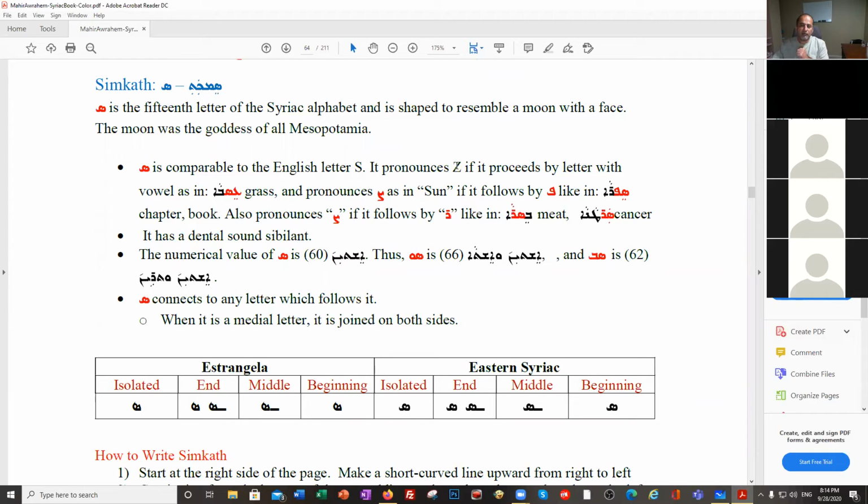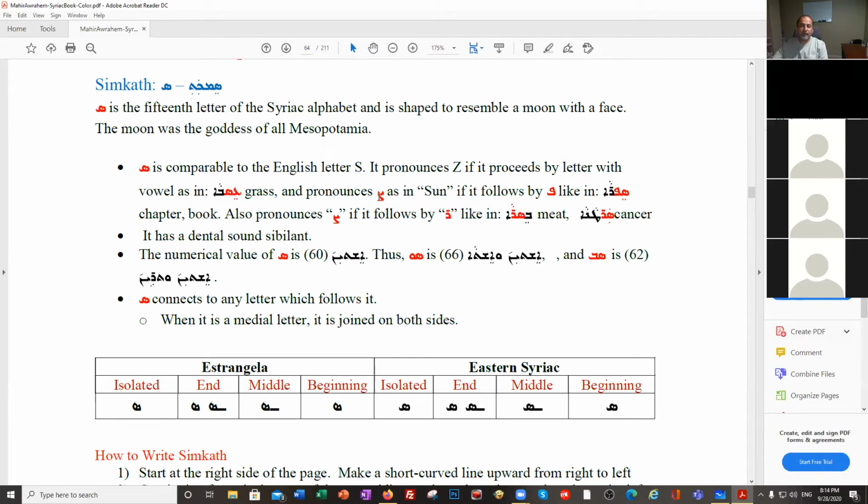If it is preceded by a letter with a vowel, as in izba. Do you see? It has a vowel. Simkath sounds like Z: izba. It's grass. Izba is a classic word for grass.